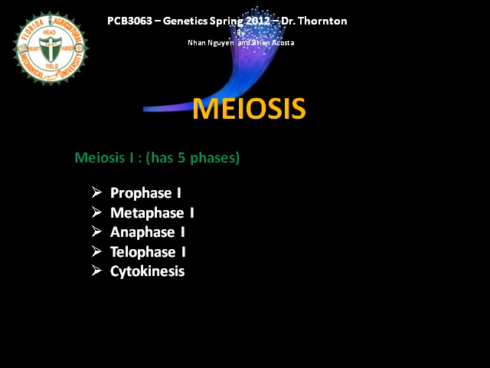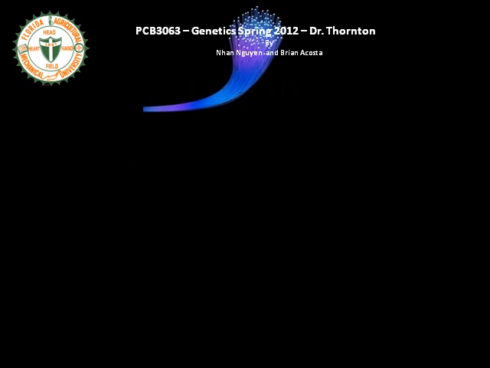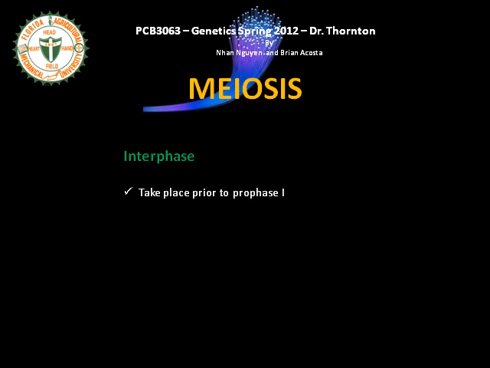Meiosis I has 5 phases: prophase I, metaphase I, anaphase I, telophase I, and cytokinesis. Interphase takes place prior to prophase I.